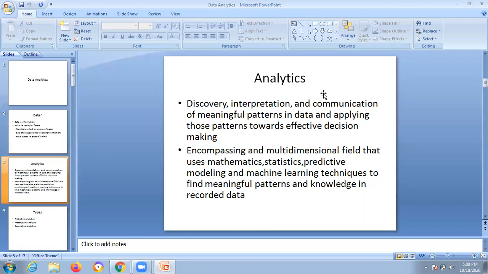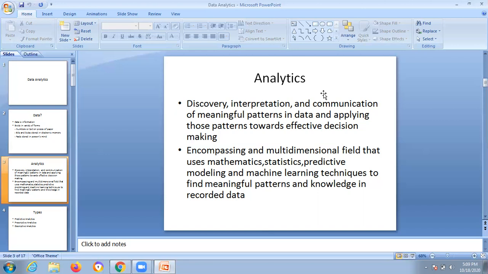And next one talks about the techniques. When analyzing anything, you need to apply statistical techniques, mathematical tools, predictive modeling, and also machine learning techniques. In mathematics, you need to apply formulas and interpret them, and you need to predict based on past data.